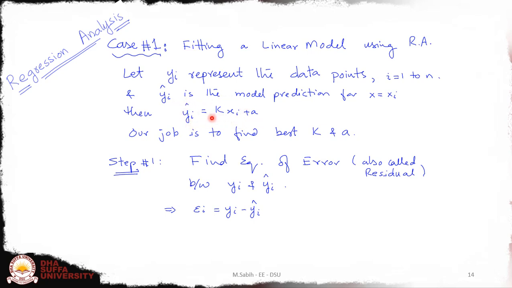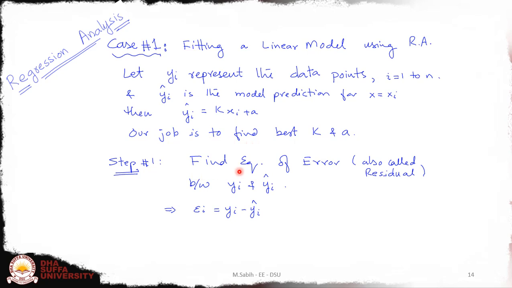Note that in this equation you just place the real data value for xi, and a value for k and a, and whatever we get from this is the data from this model. So this is the predicted value, and note that we already have yi without the hat. Our job is to find the best k and a.